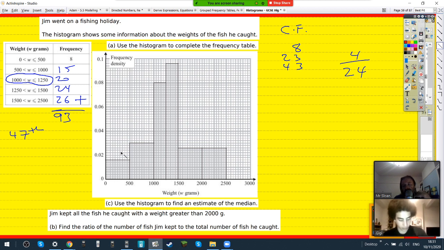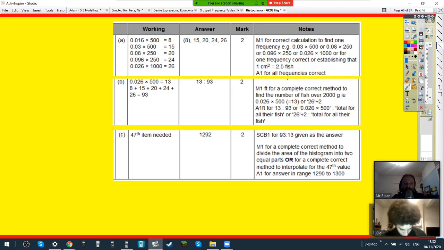That is a sixth of 1,250. I'm trying to think of an easy way to do this. Does the book have an easier way? There's an A-level method for it, but they said they wanted you to draw it. 2-mark question. Divide the area of the histogram into 2 equal parts. That's very estimated.